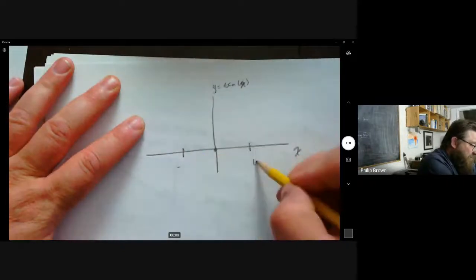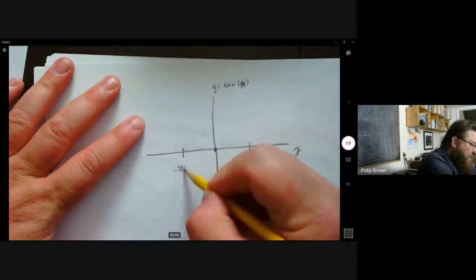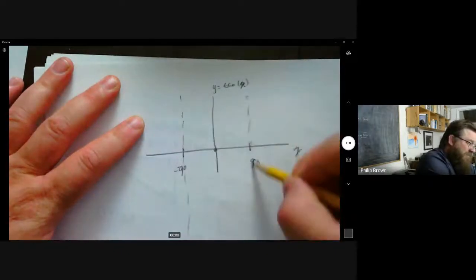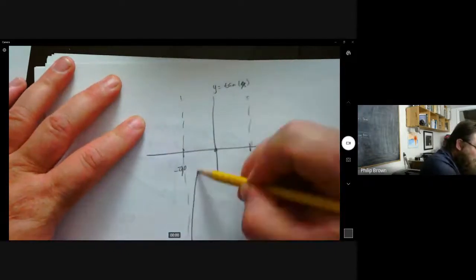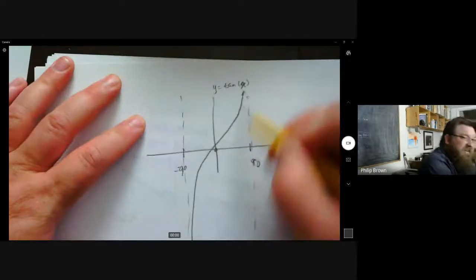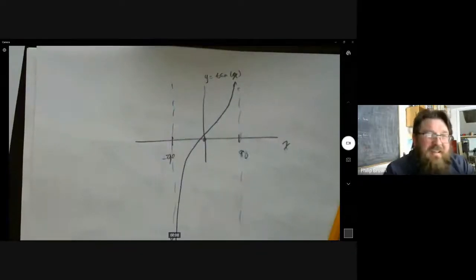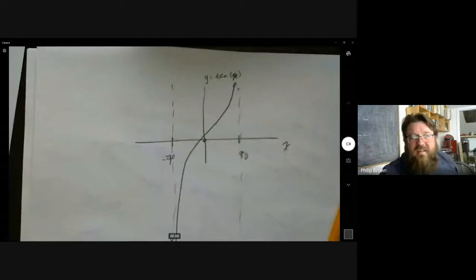Here's 90 and negative 90, and it looks really weird. They have these things that you don't even know about yet. They're called asymptotes, which sounds like a bad word, and the graph looks kind of like that. It's crazy looking, kind of cool. We don't really have to worry about that yet. But I'm going to show you on Desmos anyway.